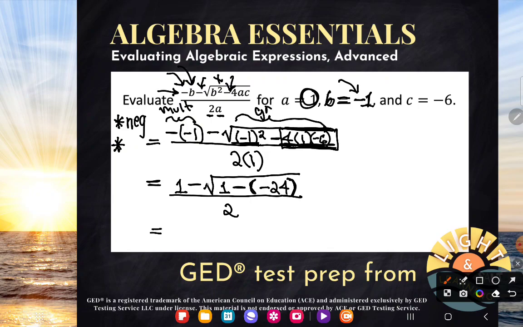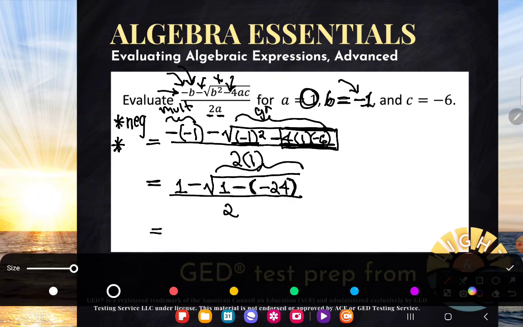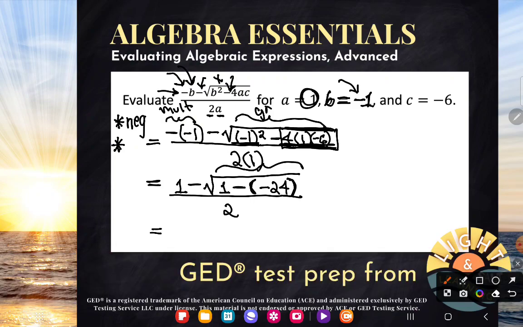But there's still more to do in the grouping. Look at this. I have inside a square root symbol. Groupings are inside. I have 1 minus -24. Another reason I wanted to do this sucker by hand. That's great practice for the non-calculator section, where they really want you to remember that minusing a negative is the same as addition, right? Taking away a negative charge on your bank account would bring your bank account balance back up.